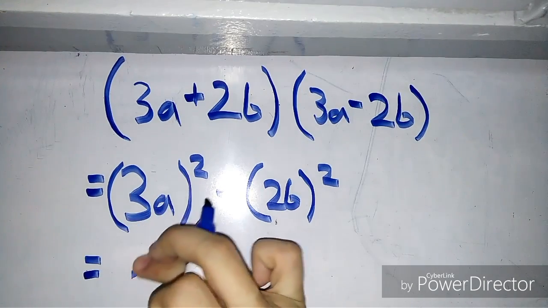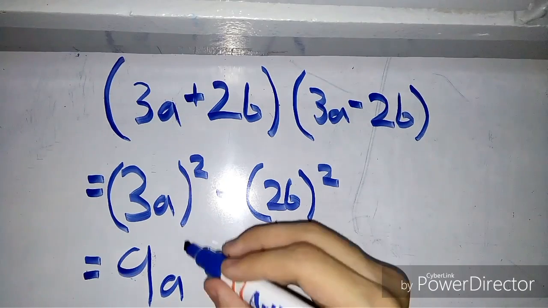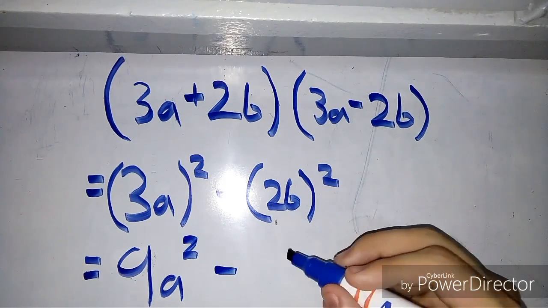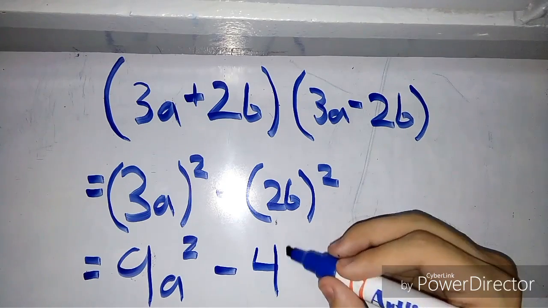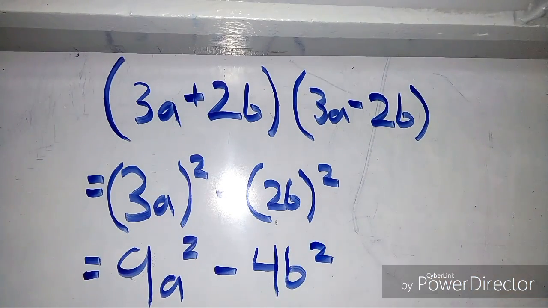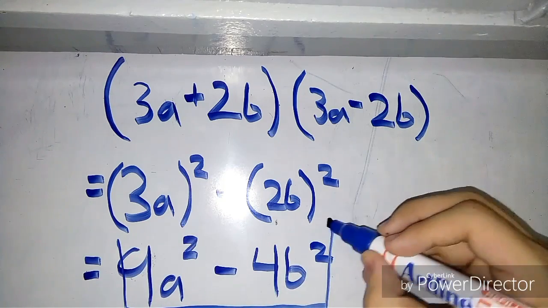Three times 3 is equal to 9. Then a squared. Then copy the negative sign. 2 times 2 is equal to 4. And b squared. So that is our final answer.